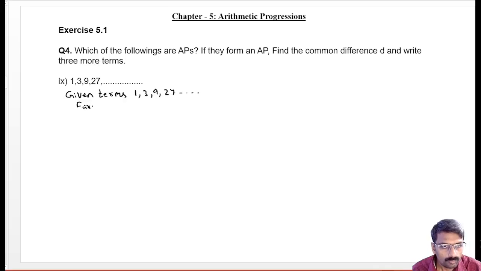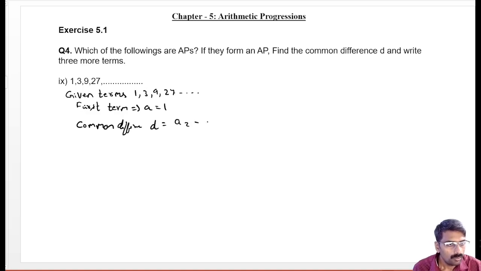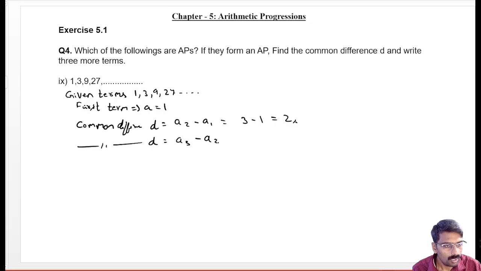First term a is equals to 1, common difference d is equals to a2 minus a1, that is equals to 3 minus 1, which is 2. Similarly, the common difference a3 minus a2 would be equal to 9 minus 3, which is equals to 6.